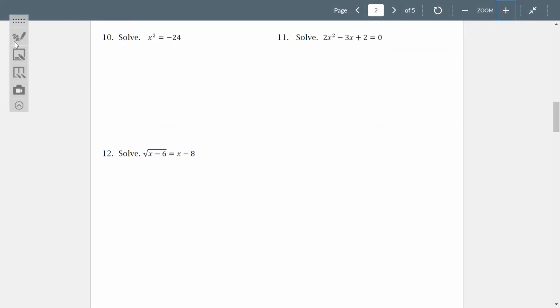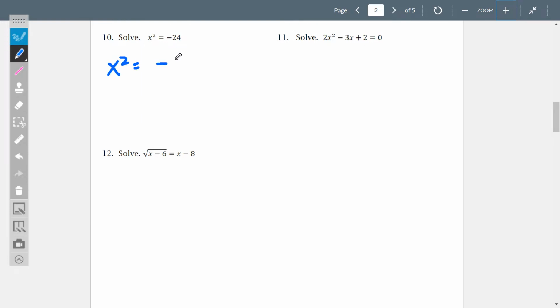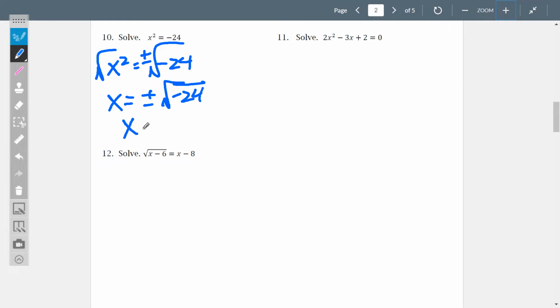Number 10, solve. So to solve this, we just square root both sides here. Don't forget, when you square root both sides, you get a plus and a negative answer. So plus minus the square root of negative 24. So we do need to simplify the square root of negative 24. 24 has factors 4 times 6, and you can take the square root of 4.